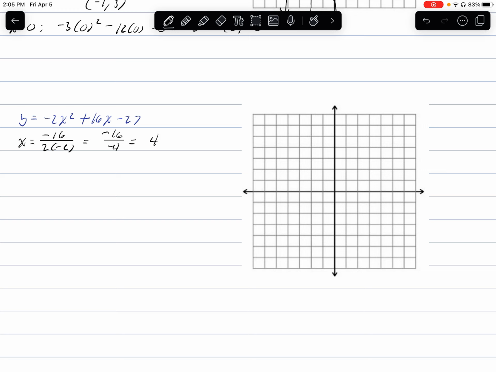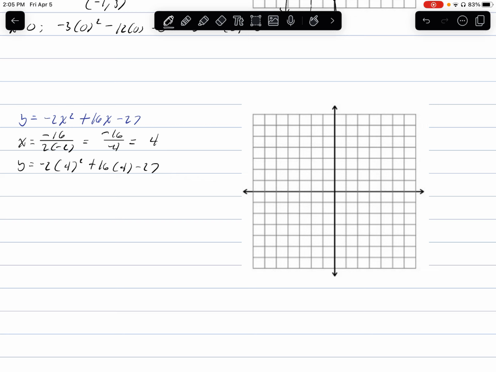So we'll have y equals negative 2 times 4 squared plus 16 times 4 minus 27. 4 squared is 16, so we'll have negative 32 plus 16 times 4 minus 27.